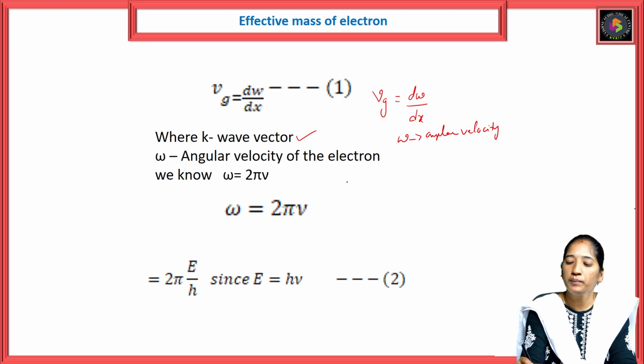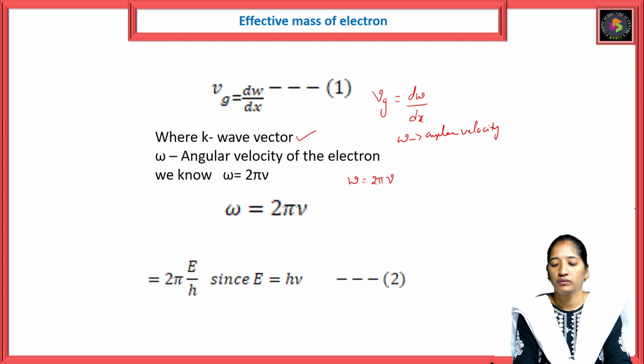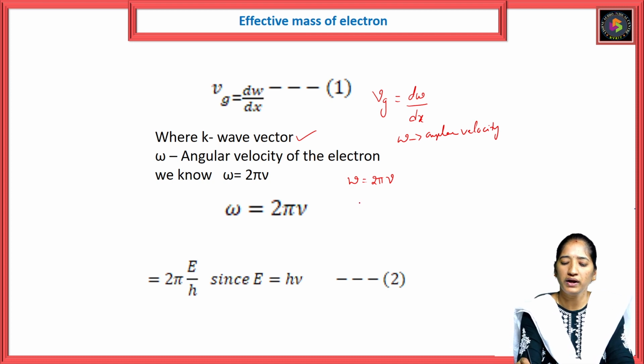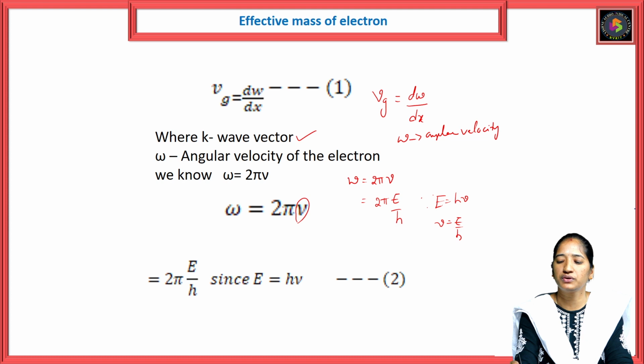We know that omega equals 2 pi nu. From the equation E equals h nu, nu equals E by h. Substituting this in place of nu gives equation number 2.